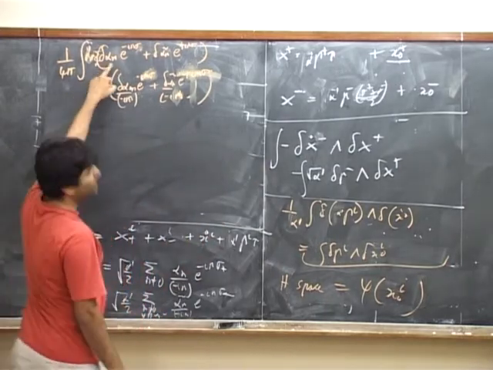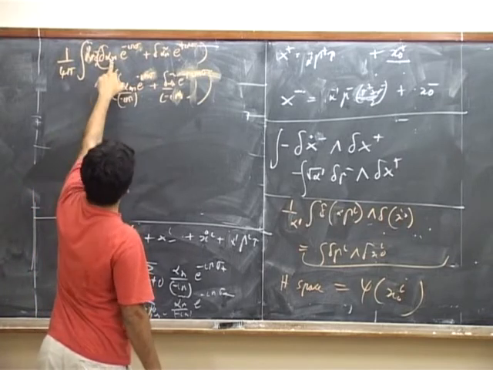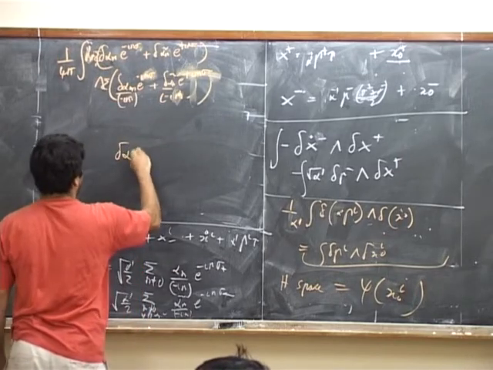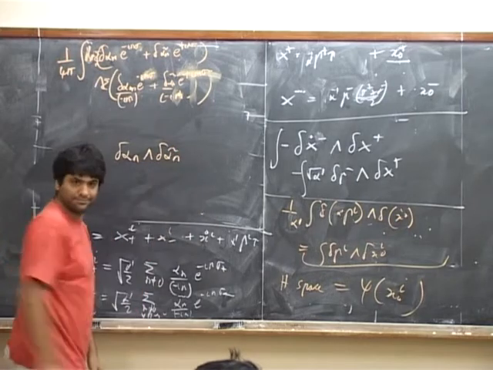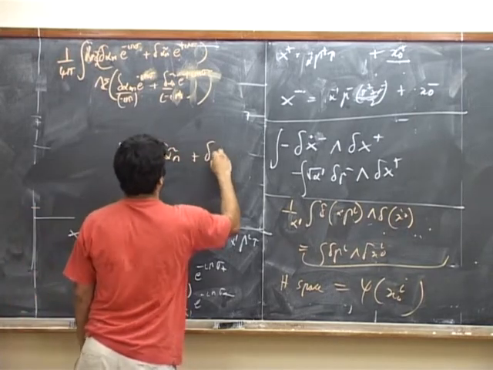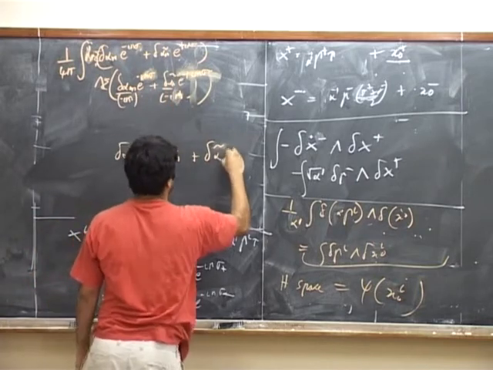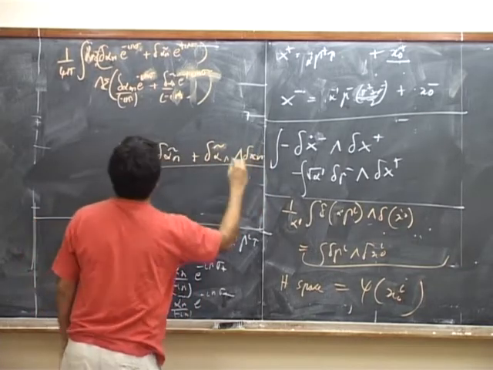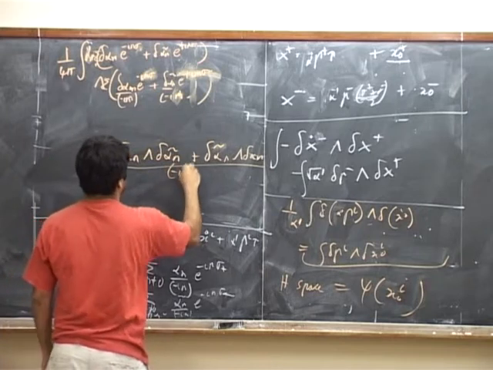It only clicks when n is equal to m, and then you get delta alpha n wedge delta alpha tilde n plus delta alpha tilde n wedge delta alpha n, both divided by minus i.